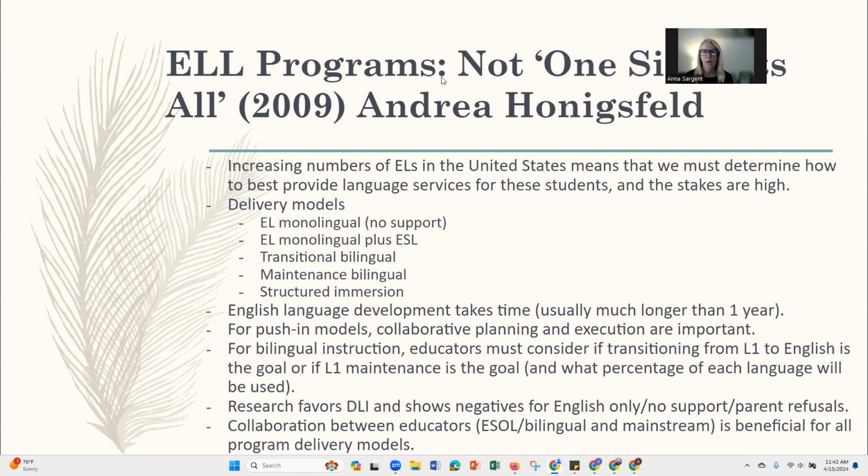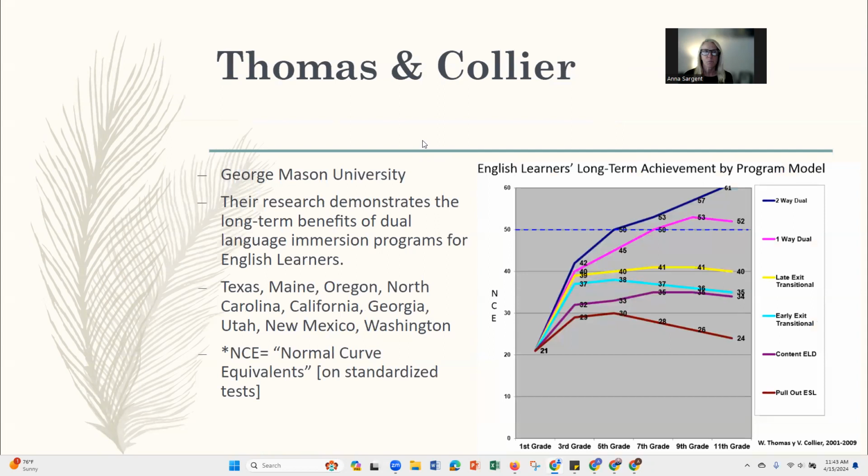So as you're reading, you're going to see both of those acronyms, but know that the current one we are using in the state of Georgia is EL. I really like this article because it talks about the different models that are available and the pros and cons of each of those models. I think you'll find it very interesting in your readings this week.